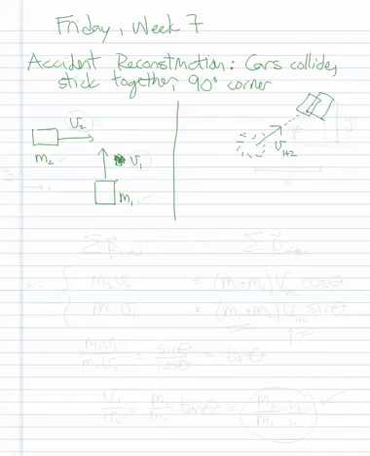However, this final situation tells us this angle right here. The officer's probably going to measure this distance, let's call this y, and this distance, let's call that x.